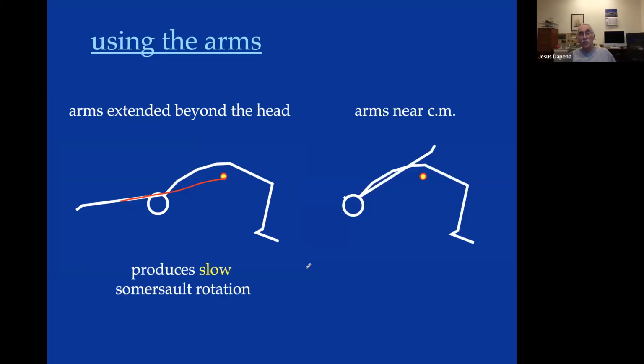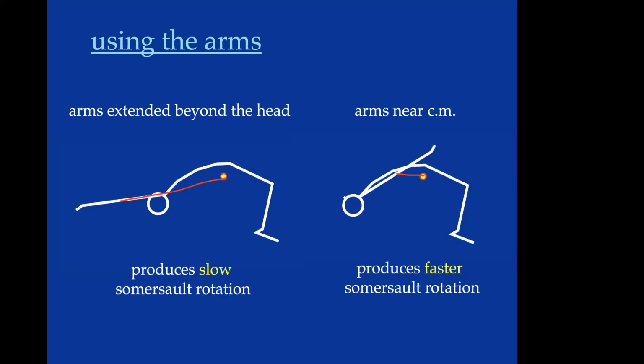Now, if you put your arms in this other position, the center of the arms is maybe here, and you can see that distance is very small. So the body is much more compact, and this produces a faster somersault rotation. There are no miracles here. Maybe you'll rotate 10% faster, but maybe that's just what you need.